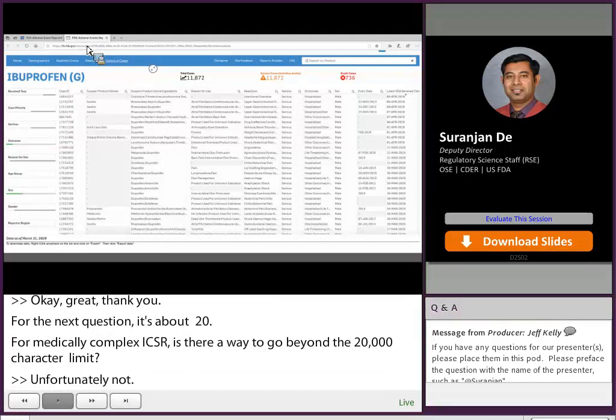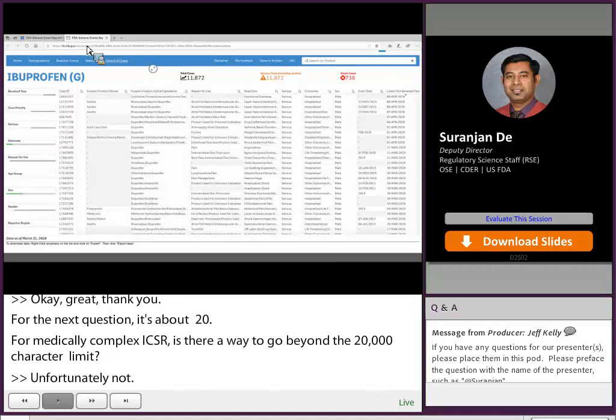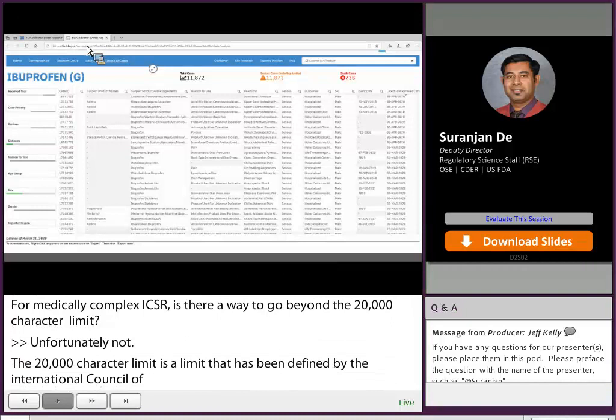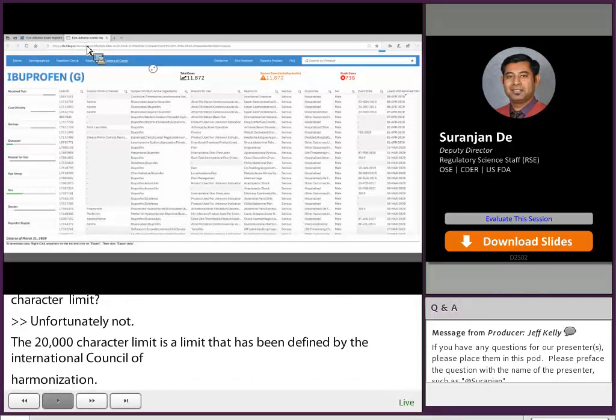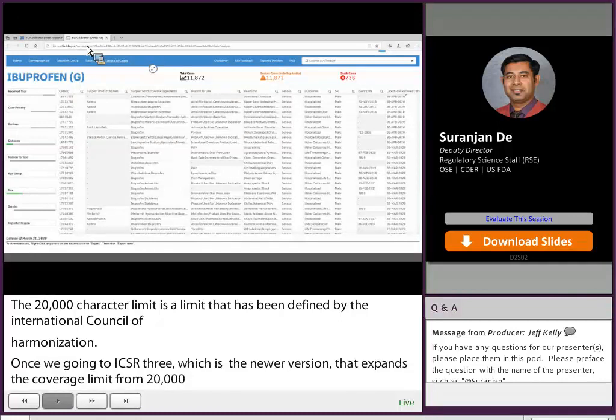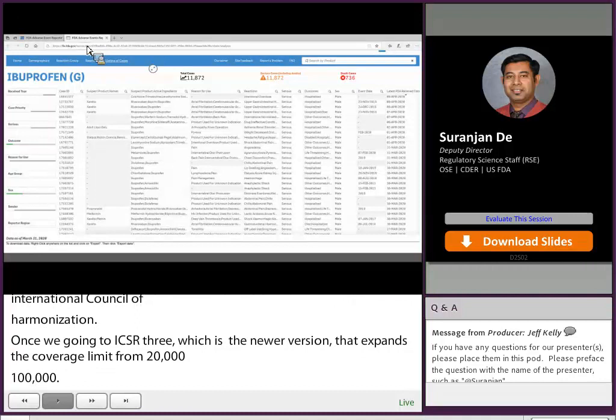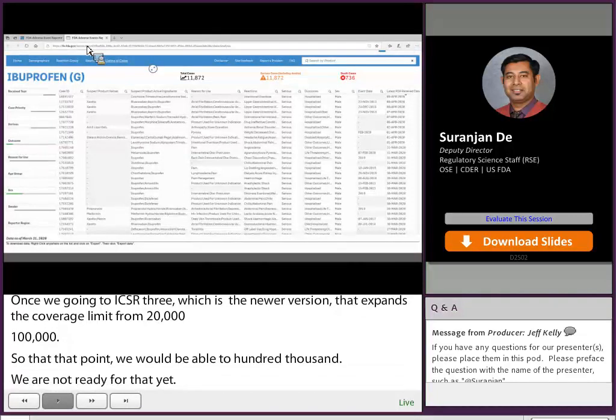Once we go into E2B R3, which is the newer version, that expands the character limit from 20,000 to 100,000. So yes, at that point we would be able to accept 100,000, but we're not ready for that yet. So currently, the ideal situation would be to fit the narrative, or explain the narrative, in a way that could fit into the 20,000 characters.